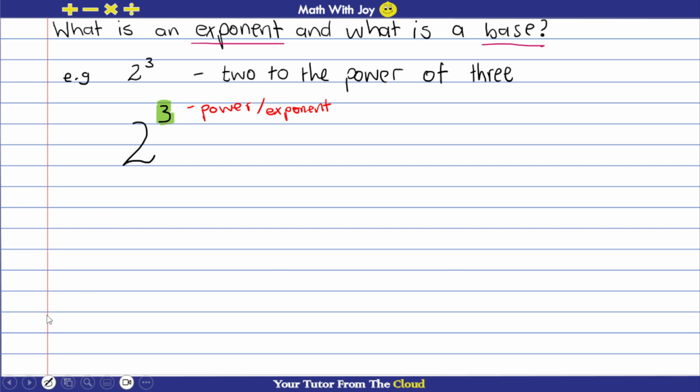And then the other number, which is at the bottom here, is the base. So this 2, which is at the bottom, is your base. I'm telling you that the number at the bottom is the base, and the number floating there at the top is the exponent. So what is an exponent and a base? I just told you now.